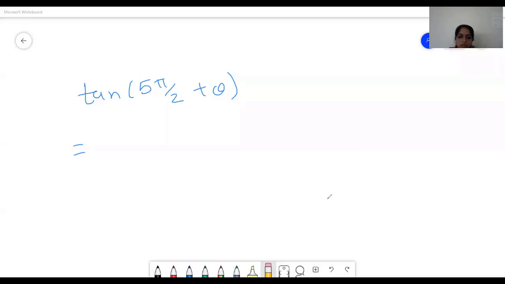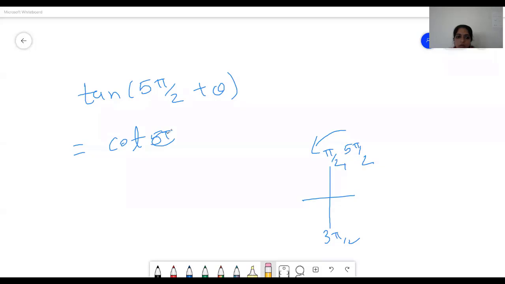See, here pi by 2, 3 pi by 2 and this one is 5 pi by 2. 5 pi by 2 plus theta means it is in second quadrant, right? And pi by 2, so tan function will convert into the cot, cot theta. But in second quadrant, tan is negative, so minus cot theta, yes.